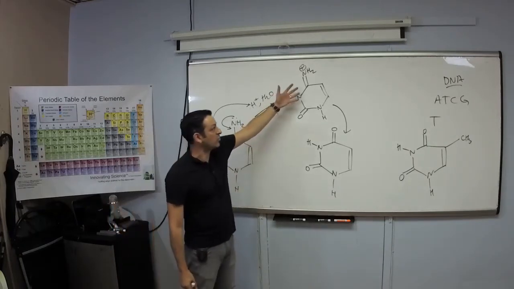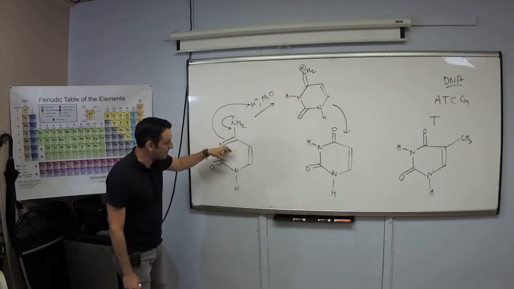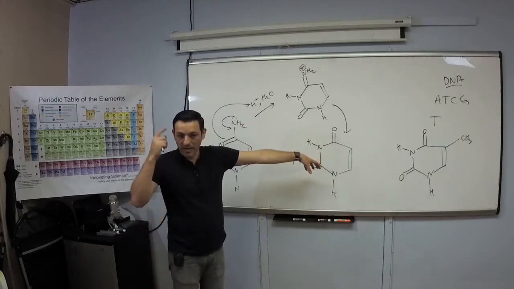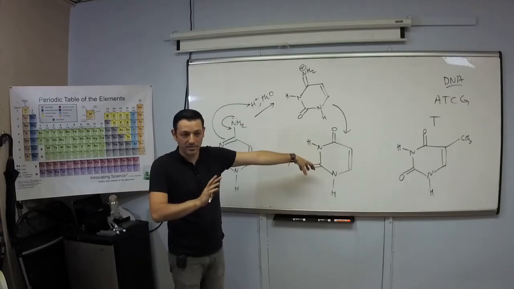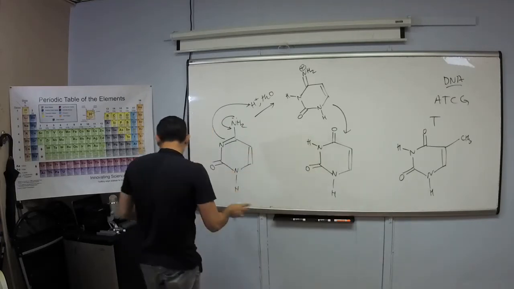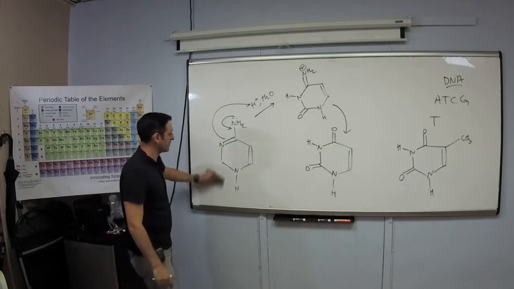And when that happens, won't a cytosine become a uracil? Could you keep that in your mind for a second? We're not there yet. This is just like, oh shit, we have a problem. We have a cytosine uracil problem.